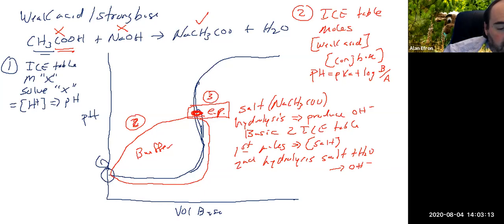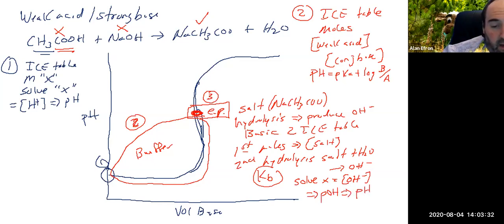Also very important in this case, you most likely have the Ka value, but you need the Kb value. You're going to solve for X. X is going to equal the OH minus concentration, which means you get the pOH and then you get to the pH at that point. Obviously, the second ice table here would be done in concentration, molarity, and also X's. And you again solve for X and it'll get you there.